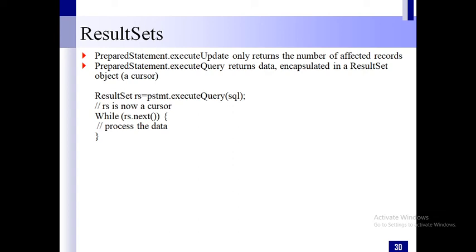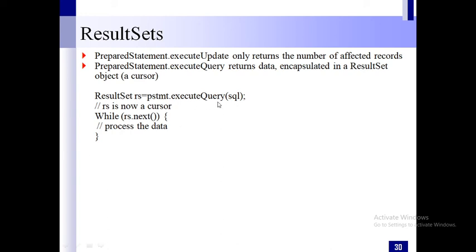If you are inserting, deleting or updating, then it won't return any tuple. Instead, it will say query okay or the number of rows affected. In that case, you can use executeUpdate.